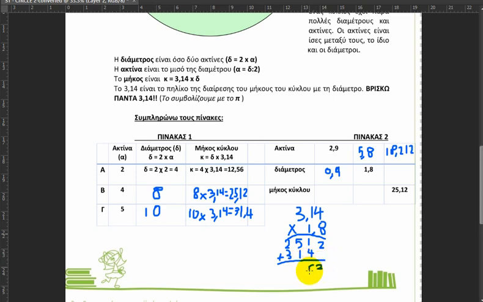So we get 2, 5, 6, 5, and decimal point here. So 5.652.